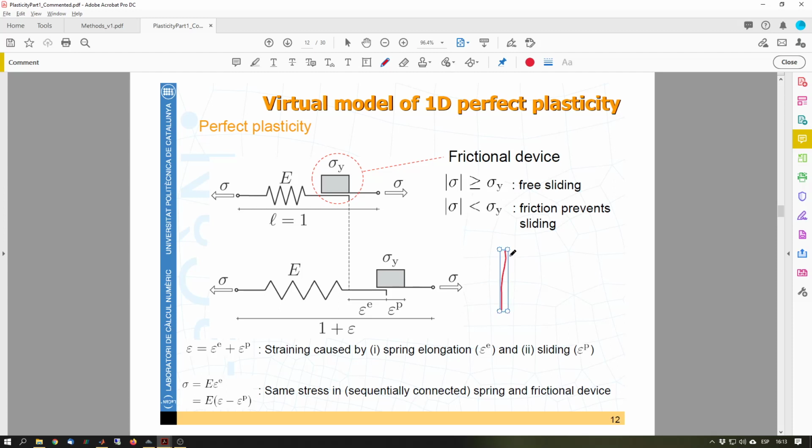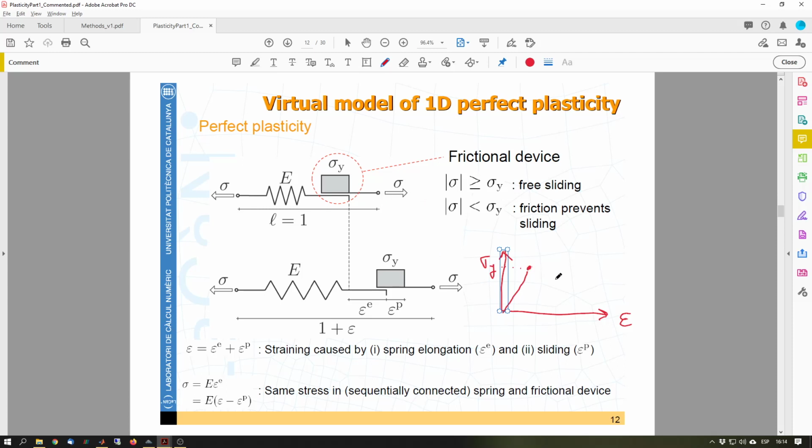So it means that if I have a given strain, whenever my stresses are below my yield stress, things move together and I have the elasticity of my spring.